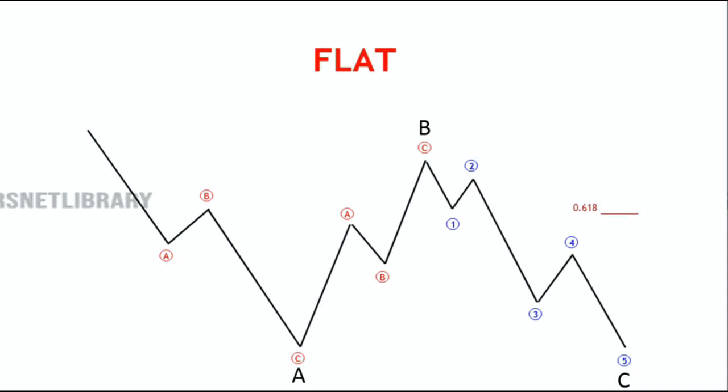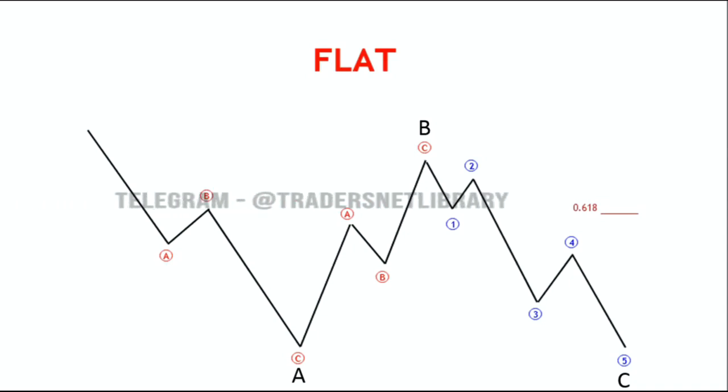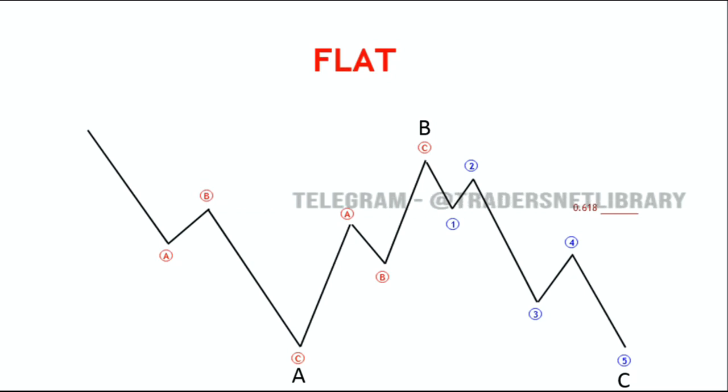Flat pattern. The flat pattern is one of the types of correction waves. The frequency of flat pattern formation in the chart is higher than all other types of correction waves.